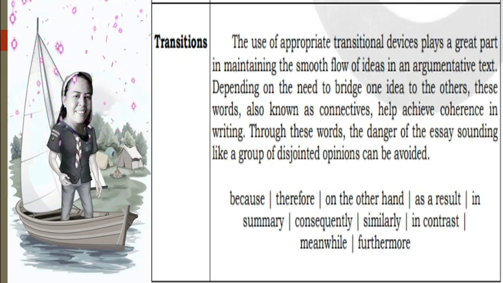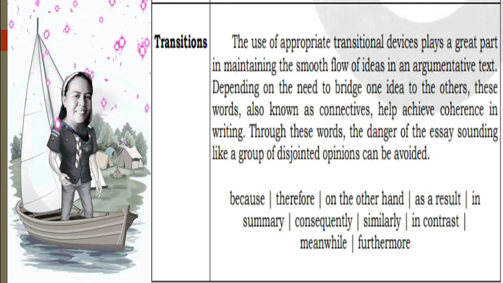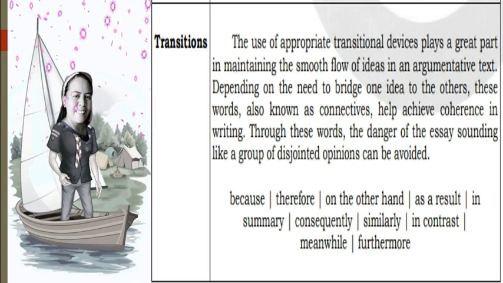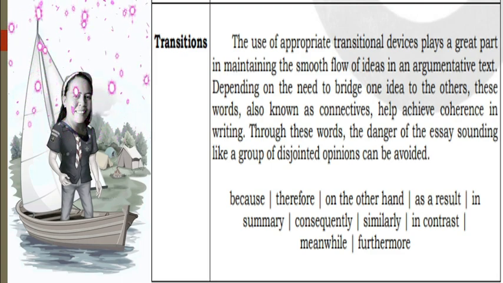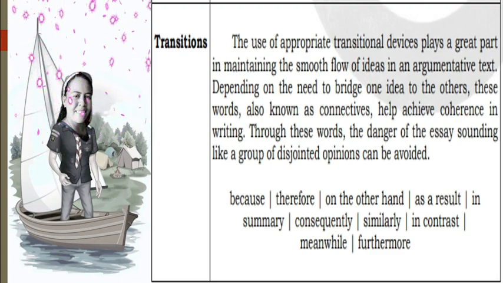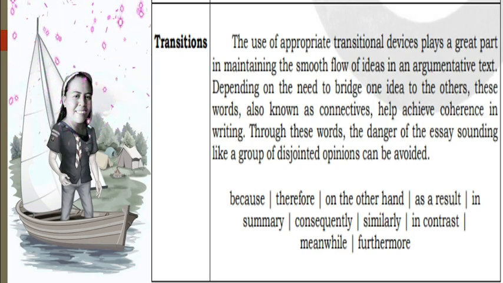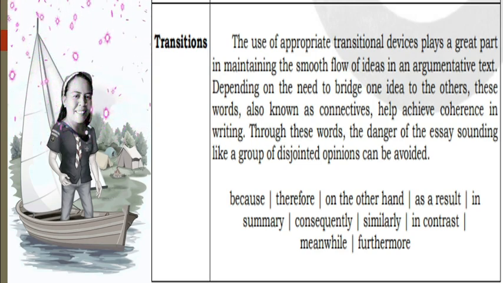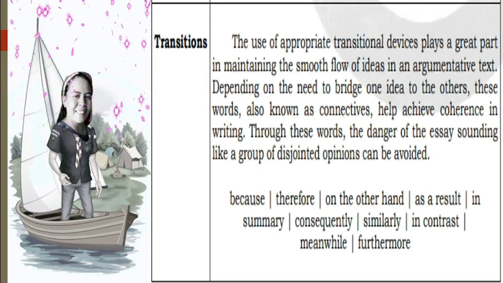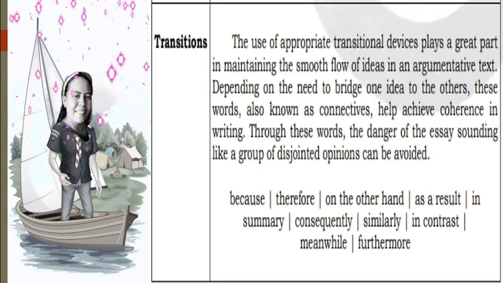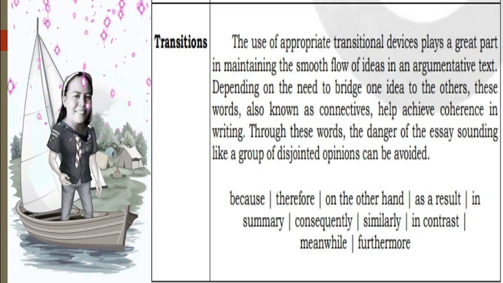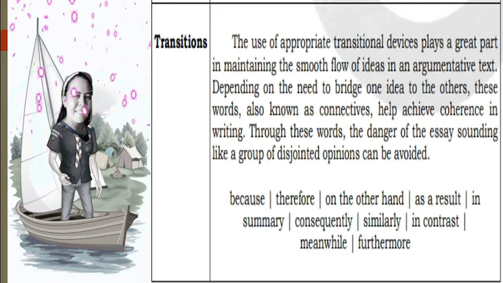Through these words, the danger of the essay sounding like a group of disjointed opinions can be avoided. The examples of effective transitional devices are the following: because, therefore, on the other hand, as a result, in summary, consequently, similarly, in contrast, meanwhile, furthermore, and others.